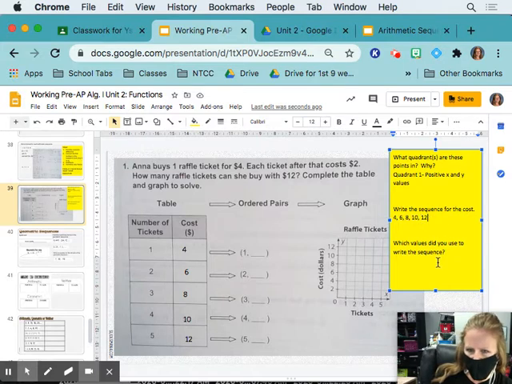And then comma, dot, dot, dot. If we wanted to continue going on to find out more.